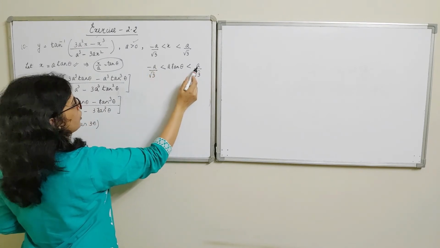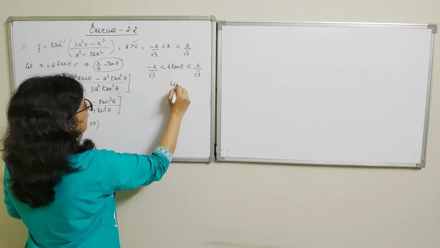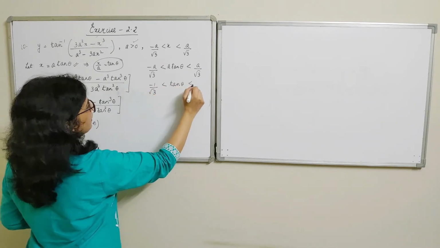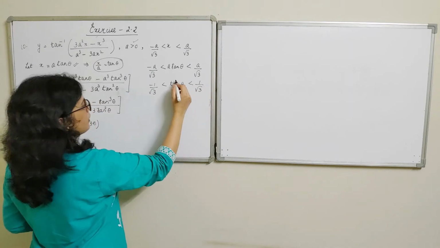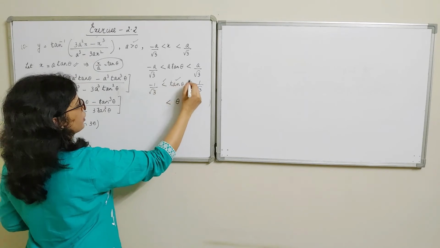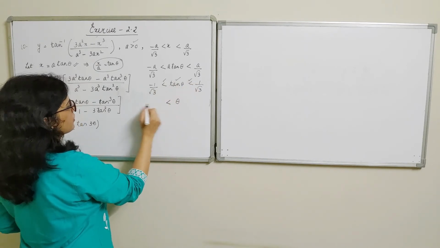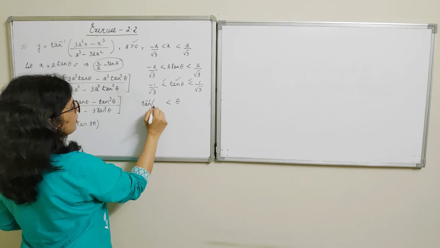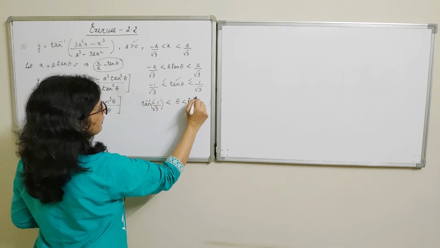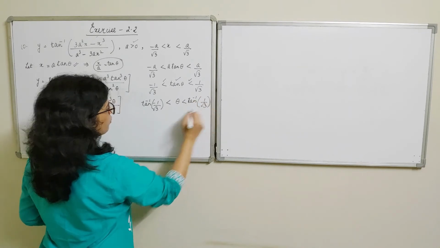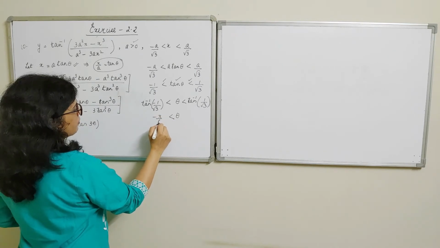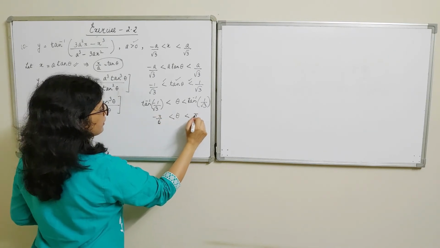A is a positive quantity, so can be cancelled off, and we get tan theta greater than minus 1 by root 3 and less than 1 by root 3. Because tan theta is an increasing function, the signs of the inequalities do not change, and we get theta greater than tan inverse of minus 1 by root 3 and less than tan inverse of 1 by root 3. Calculating the principal branches, this angle is minus pi by 6, and here it is pi by 6.